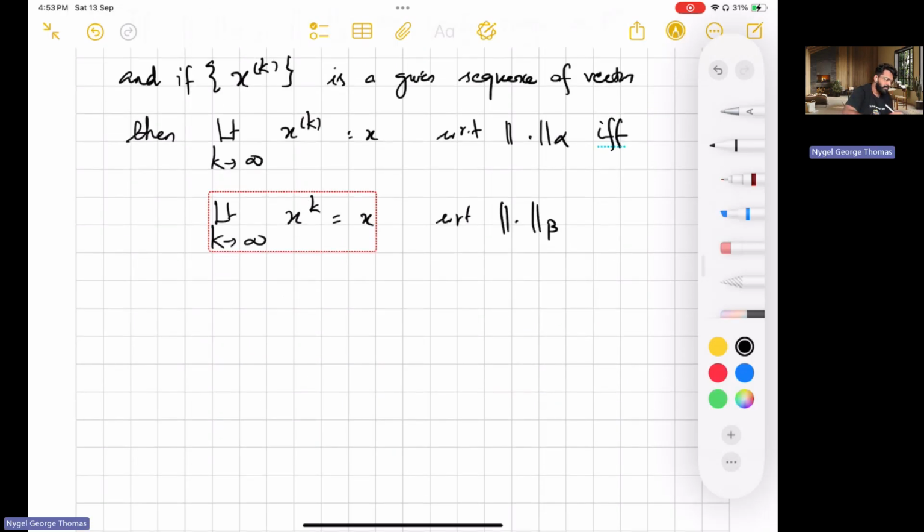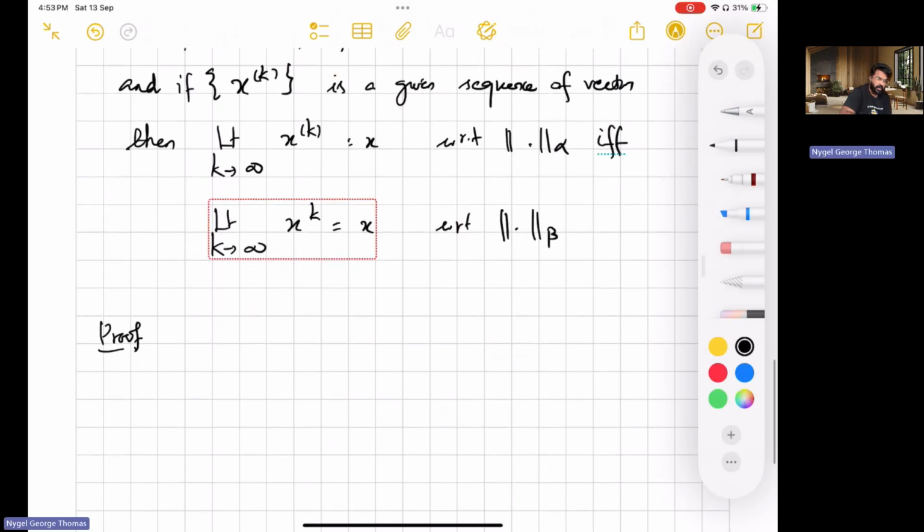Okay, how do we prove this? The proof is simple. We've already seen that Cm times the alpha norm of x is less than or equal to the beta norm of x is less than or equal to capital M times the alpha norm of x.